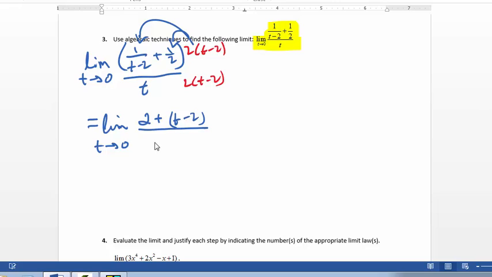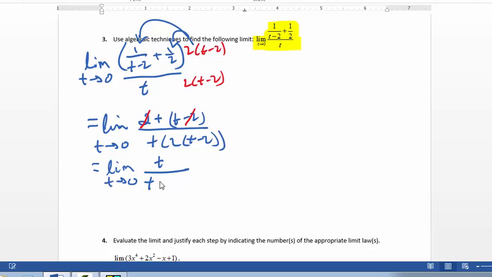And then this is just over t times 2 times (t - 2). Alright, I'm not going to distribute that. And you can see now why I'm not distributing that, because you can see here how this, in the numerator, the 2 and the -2 are going to cancel. So then what happens? The numerator is just going to be equal to t.